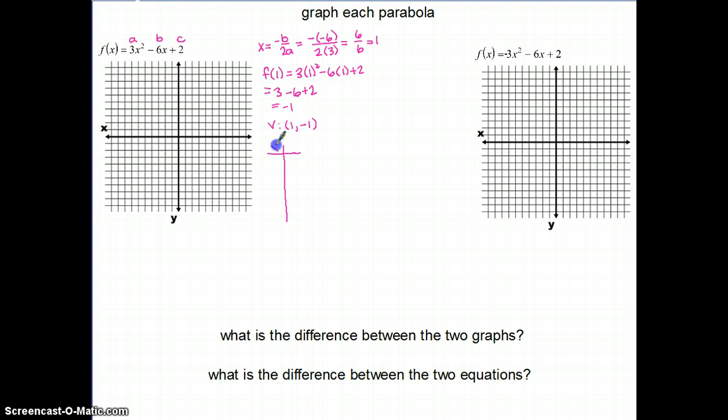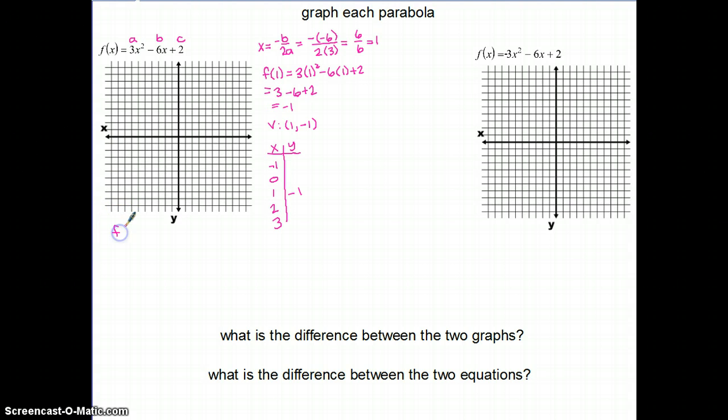We now need to find 4 other points. I'm going to find 2 x values that are smaller, so 0 and negative 1, and 2 that are larger, 2 and 3. I'll go ahead and plug these in to complete my chart.